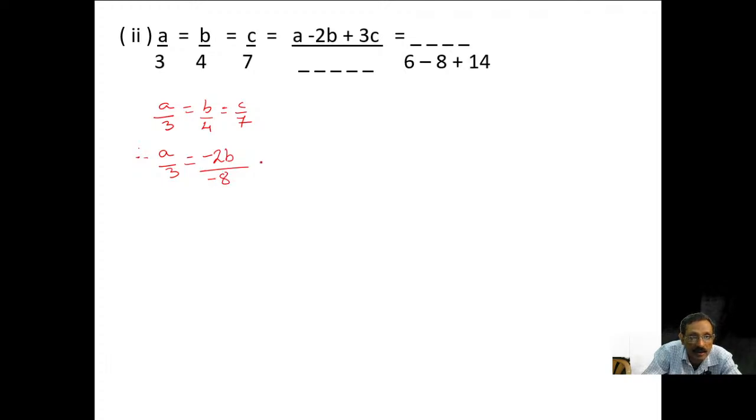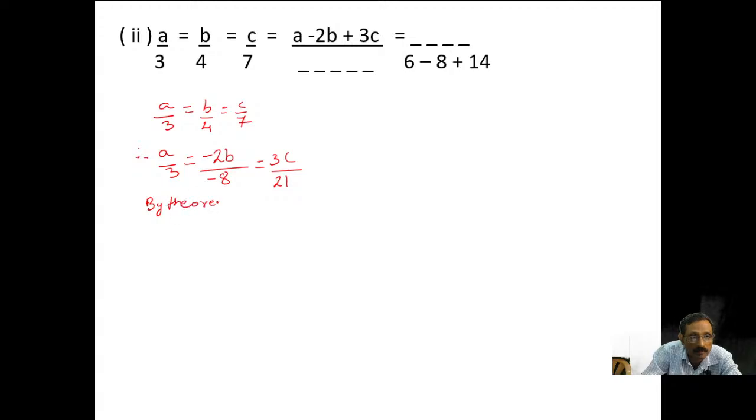Minus 8, which is equal to c. Now 3c, so I have to multiply the numerator and denominator by plus 3. So I get 3c upon 3 sevens, which gives me 21.